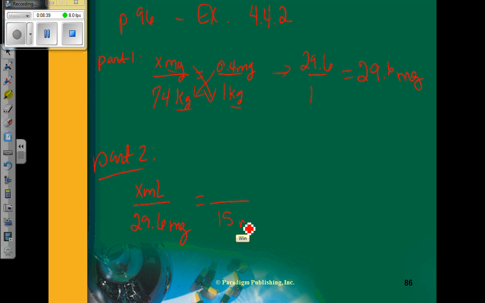So it's 15 milligrams, milligrams on the bottom, both on top should be milliliters, so it will be 10. Cross multiply. X times 15 is 15X, goes on the bottom. 10 times 29.6 is 296. Divided by 15 is 19.73 milliliters.